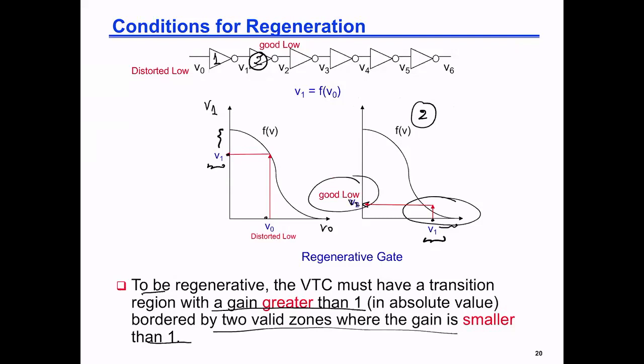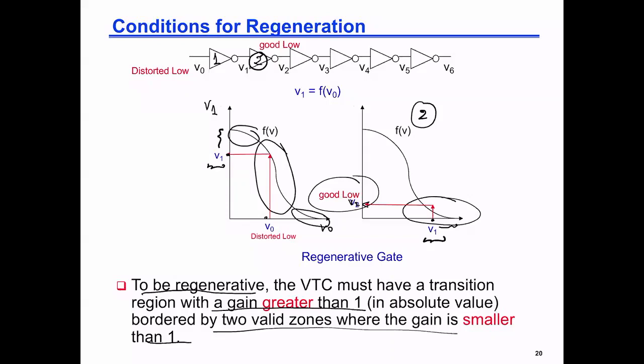So to be regenerative, what really matters is that the voltage transfer characteristics must have a transition region where the gain is greater than 1, surrounded by two regions where the gain is smaller than 1.